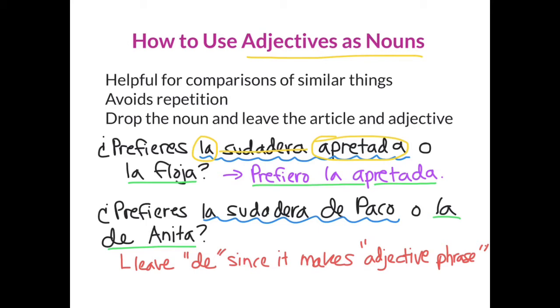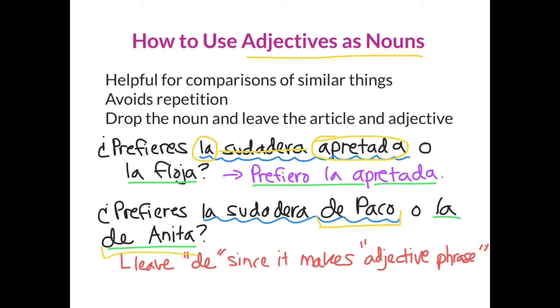So let's see another example. ¿Prefieres la sudadera de Paco o la de Anita? Do you prefer Paco's sweatshirt or Anita's? When you have this construction, it's a little different. In our first example, we had a clearly defined article and an adjective, so a word that describes a noun. Here, in the second example, de Paco, this whole thing acts like a phrase, an adjective phrase.